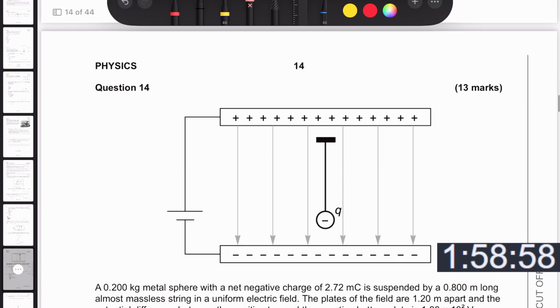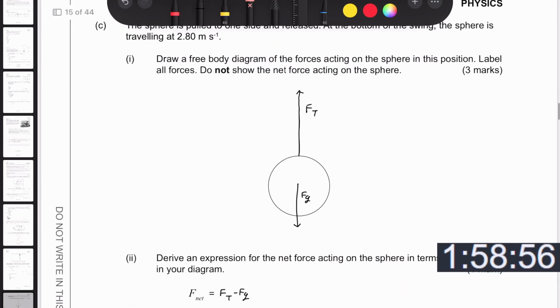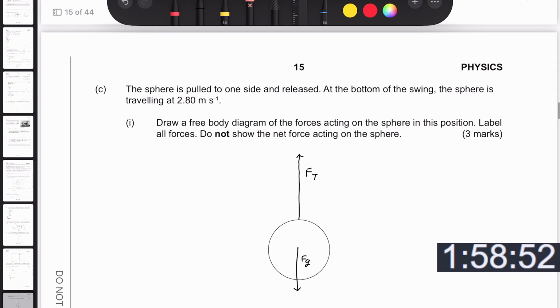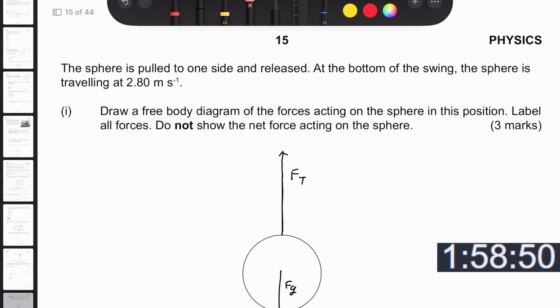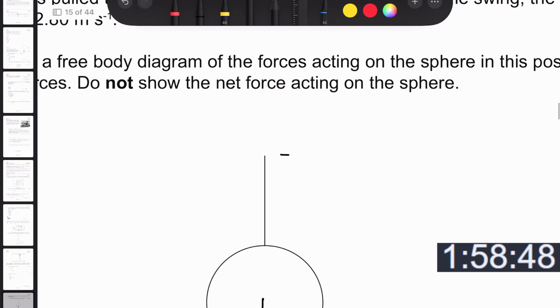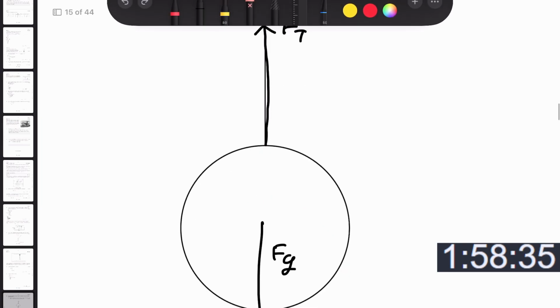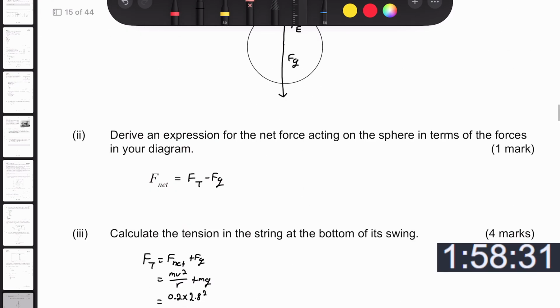Oh wait, no, it's gonna have an electric force as well, isn't it? So I'm gonna draw that as F of T. And there's another one where it's like F of E. Something like that.